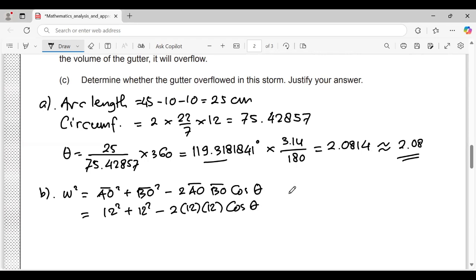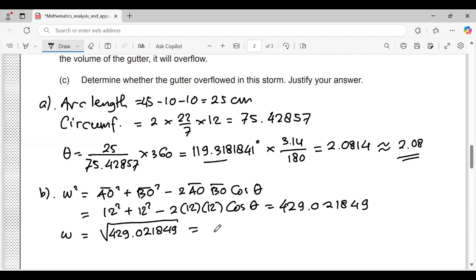If you calculate, the result is 429.021849. So W equals the square root of 429.021849, and the result is 20.7128.